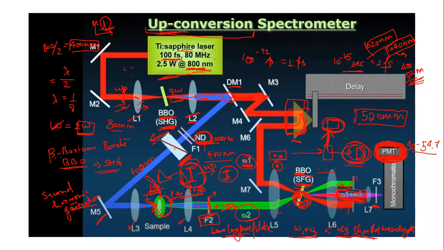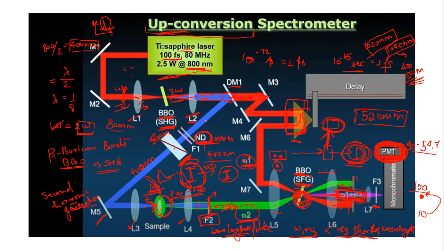It again goes to this lens, and these two are summed up. So this omega 2 is up converted with the help of omega 1, and what we get is the sum of omega 1 and omega 2. Up conversion means something greater than the initial value. Suppose you have 10, you have changed it to 100. That is what up conversion means.